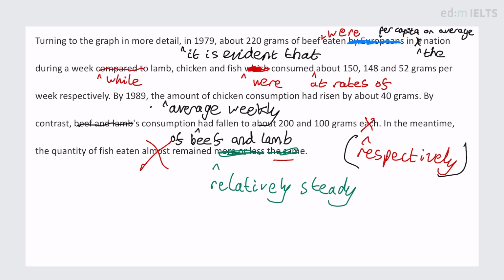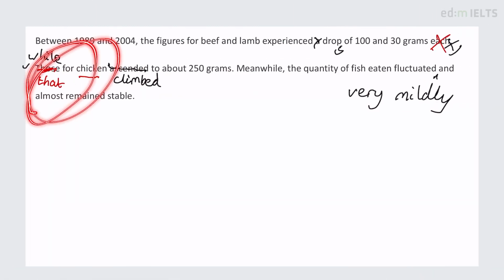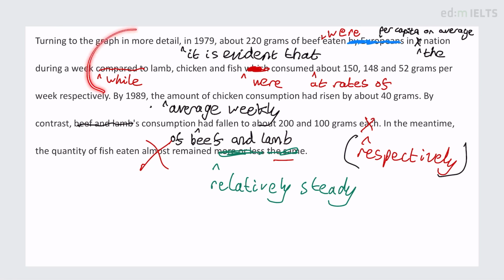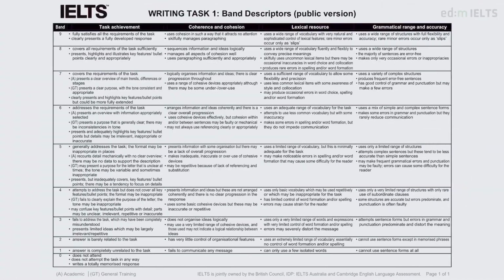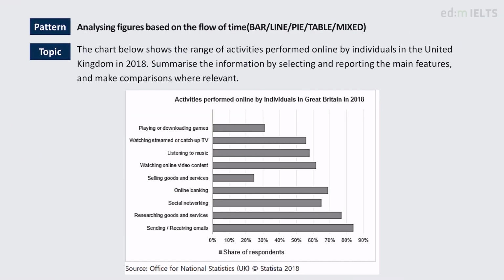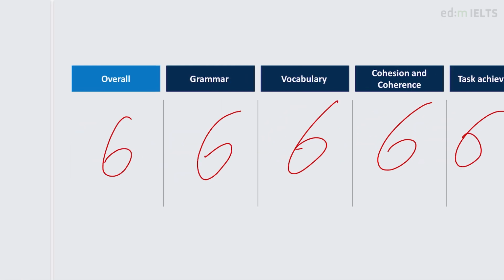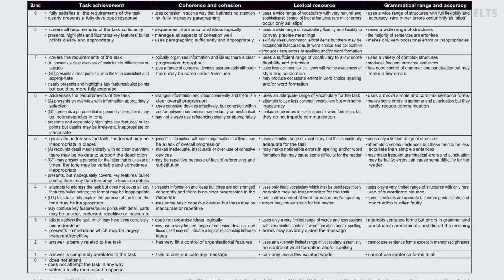I'm thinking mainly of things like this, using "those" instead of "that," and things like this, using "compared to" rather than "while," using "which" incorrectly. It's a good effort to make long, complex sentences, which you need to do to get a very good score, but it's not done exactly right here, as you can see. So overall, we end up with 6 for everything.